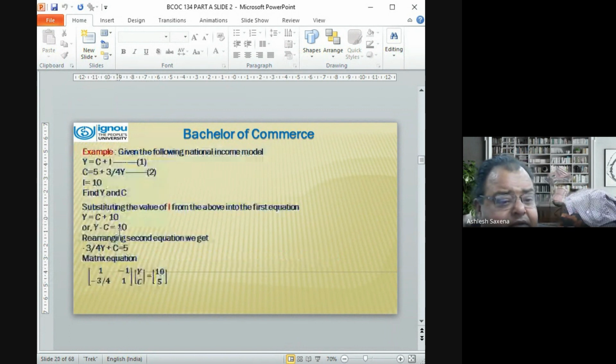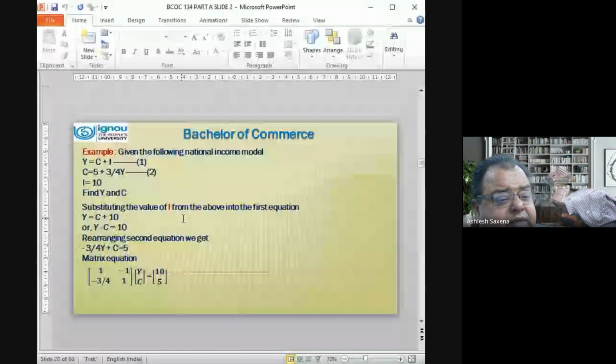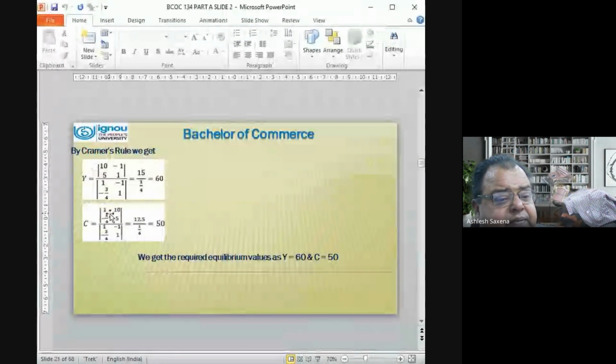Similarly, in case of C, what we will be doing? We will be replacing this column, minus 1, 1, by 10 and 5. And this column will remain as it is. 1, 3 by 4 will be replaced by 10 by 4.